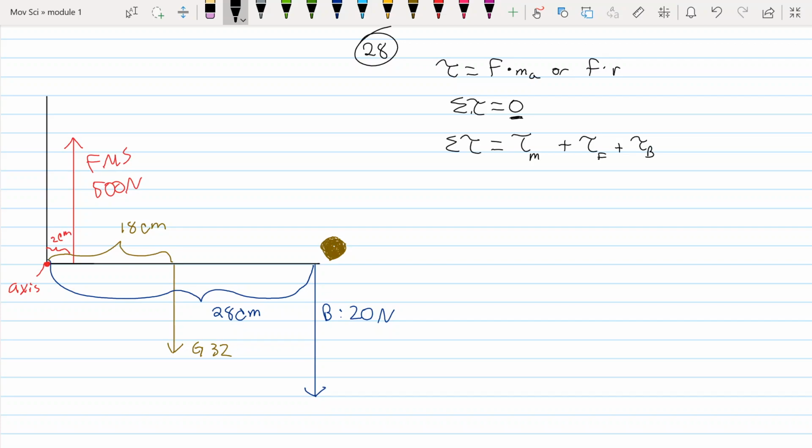Okay, so we'll just plug all of these in. So you've got 0 equals, we're going to plug in force times moment arm for all of these torques. So the force for the bicep muscle is going up, so it's 500 newtons. Here, let's change colors.